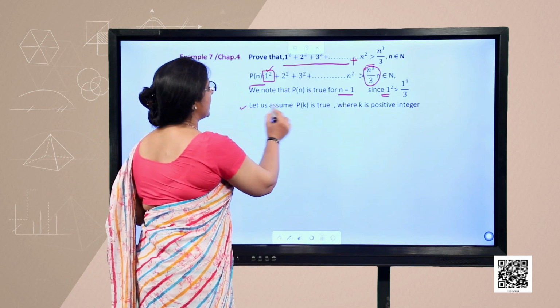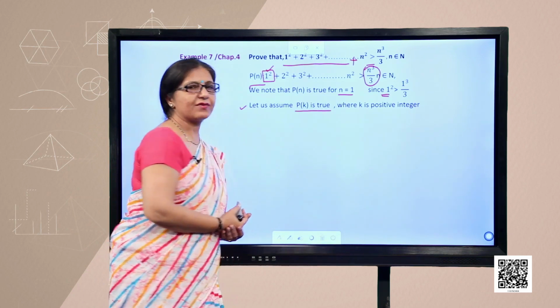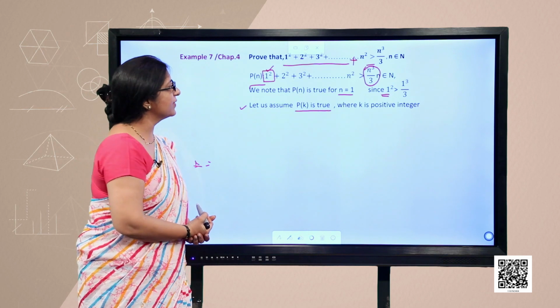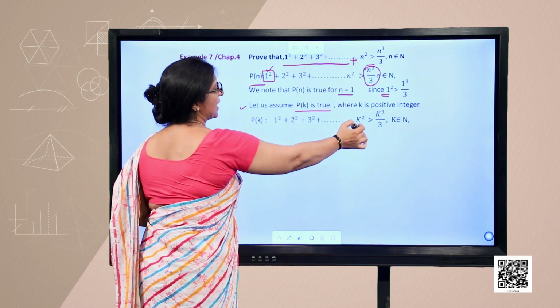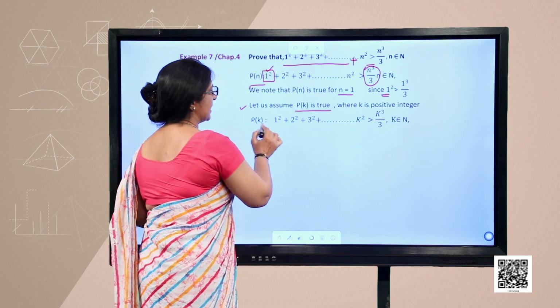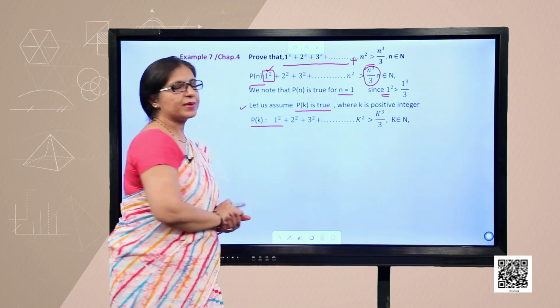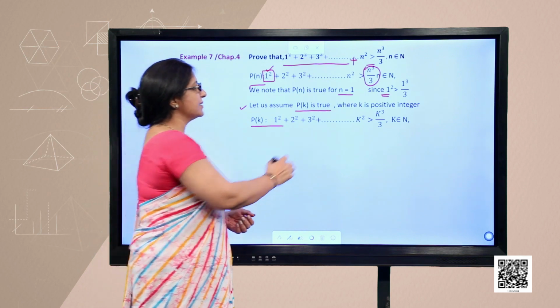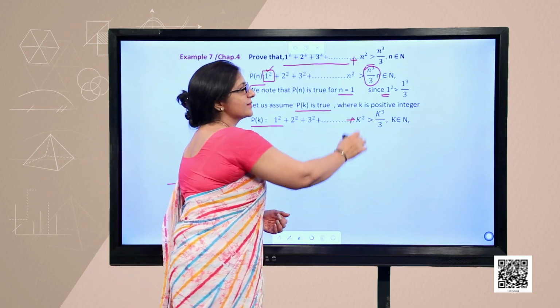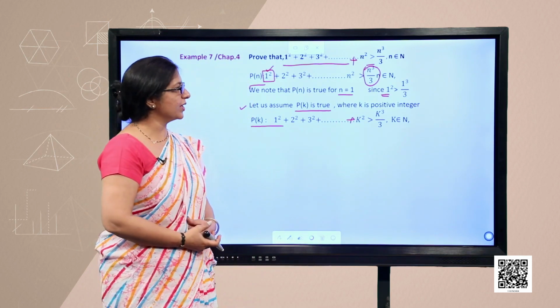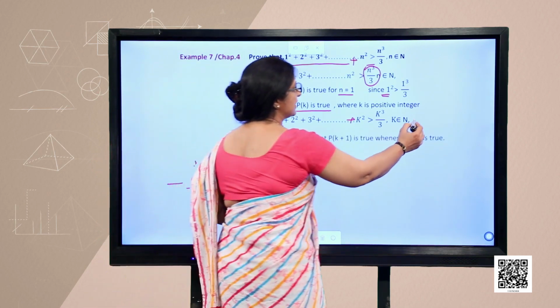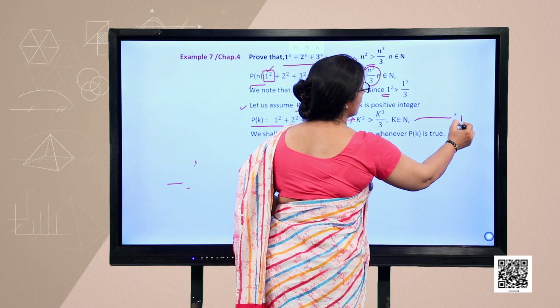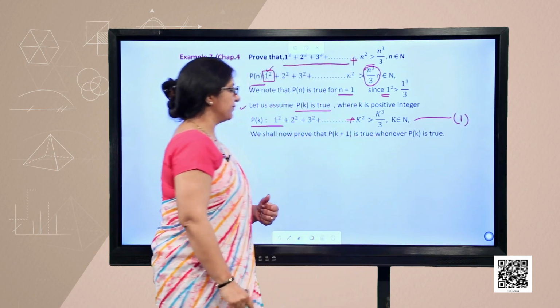Now we assume that Pk is true whenever k is some positive integer. What is Pk? We will just replace n by k, and this expression becomes 1 square plus 2 square plus 3 square plus k square is greater than k cube upon 3 for all k belonging to natural numbers. And we will take this as equation number 1 to use it further.